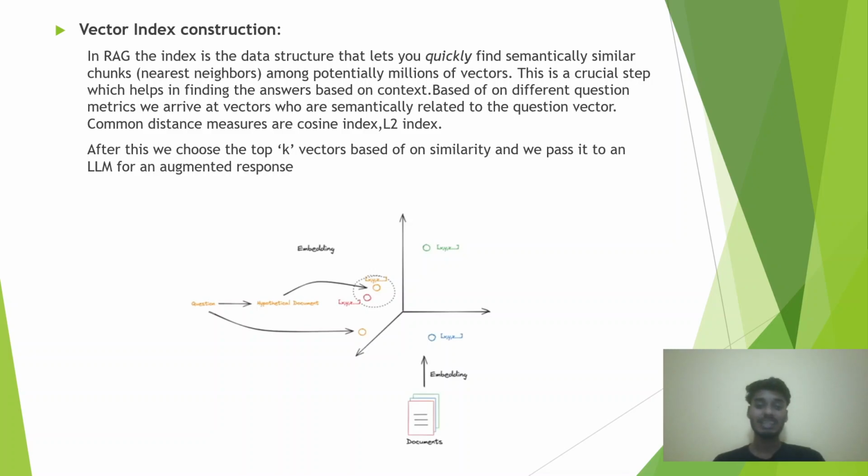Okay, so based on different questions, and based on different metrics, we have ways to find similarity. So after that similarity, we would choose the top k vectors based on the similarity, and we would pass it on to an LLM for an augmented response. So this diagram explains it pretty clearly. There's a question, and I would pass it on to the RAG, and there's also a document.